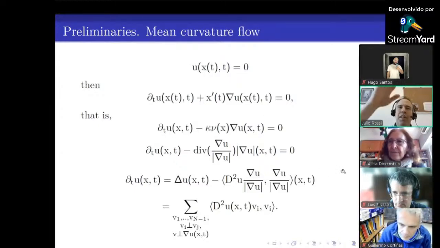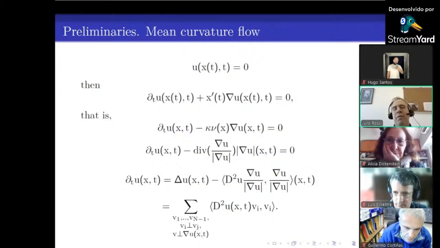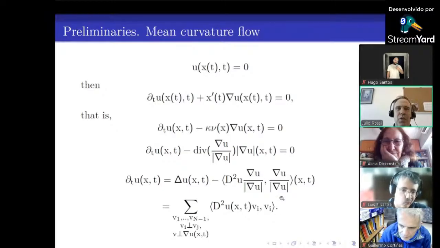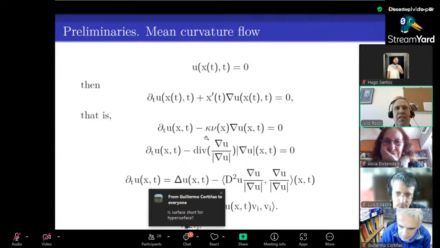Okay, for all these computations and the previous ones even, you have to be extremely careful because you are assuming regularity of u, and moreover, you are assuming at some point that the gradient of u does not vanish. When the gradient of u vanishes, you run into a lot of trouble because you have to give some sense to terms like the divergence of the gradient over the norm of the gradient.